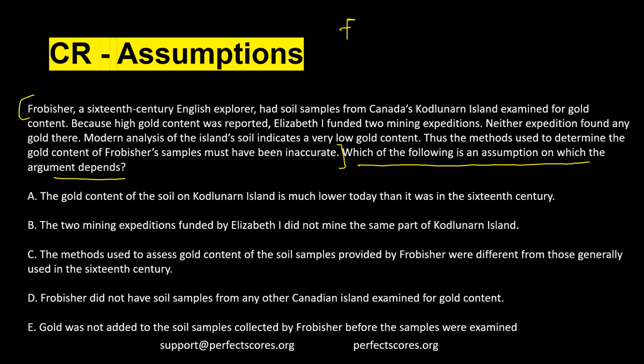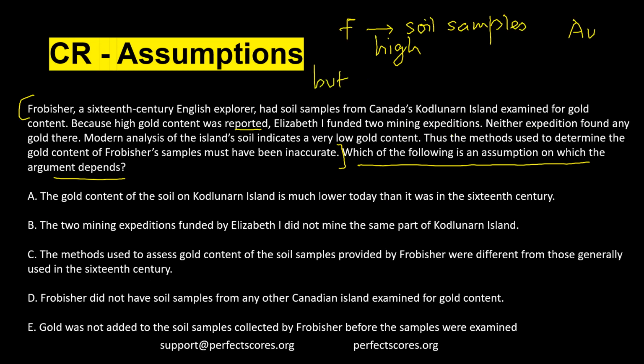So basically this guy examined some soil samples for gold content, and high gold content was found. And because of that, Elizabeth I funded 2 mining expeditions. Neither expedition found any gold.